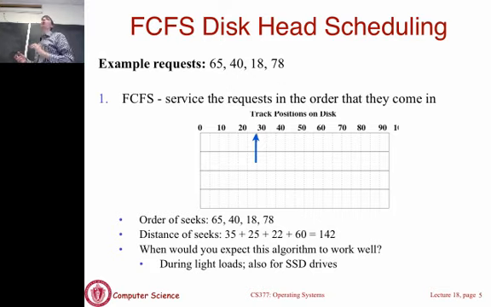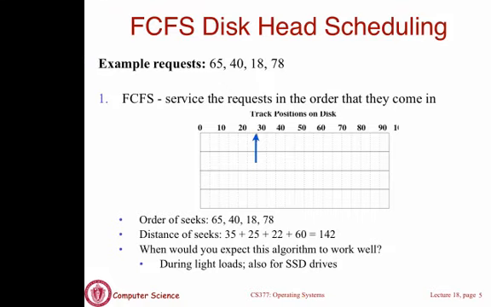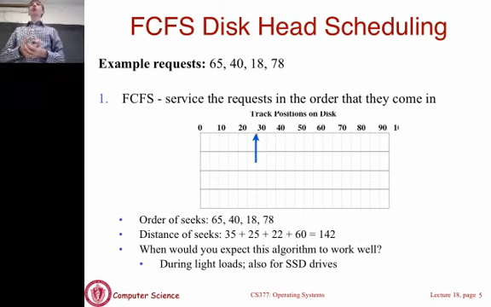Again, for the moment, we're just considering seek time, which means we're only caring about the track positions, not which sector of the track, because that's what's going to affect the rotational delay. In first come first serve, we're just going to service requests in order of arrival.